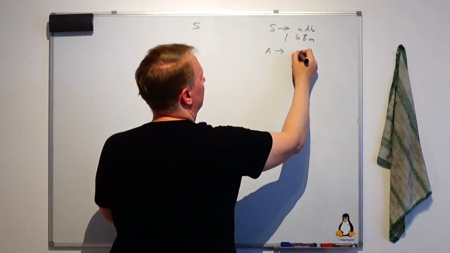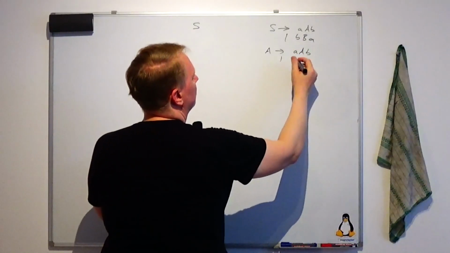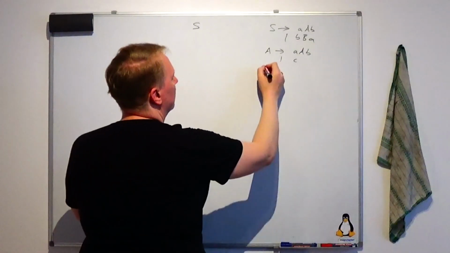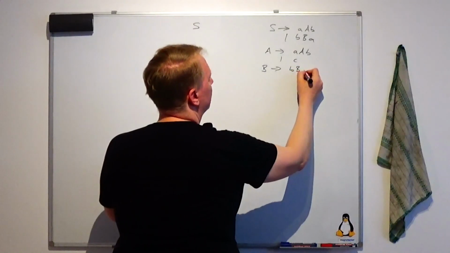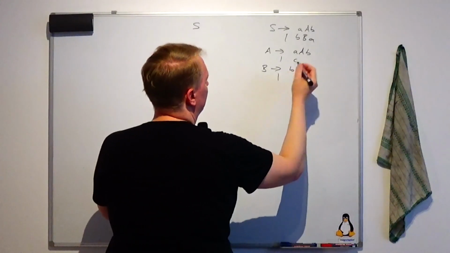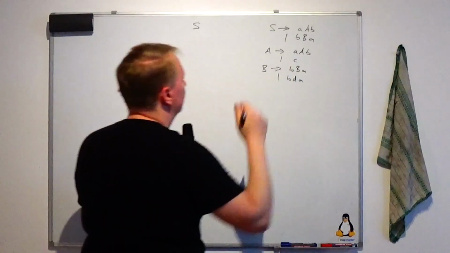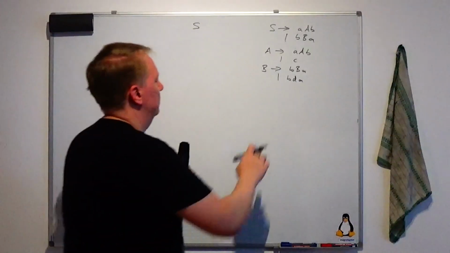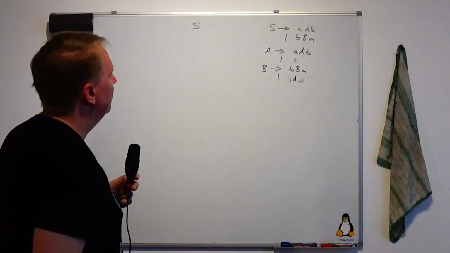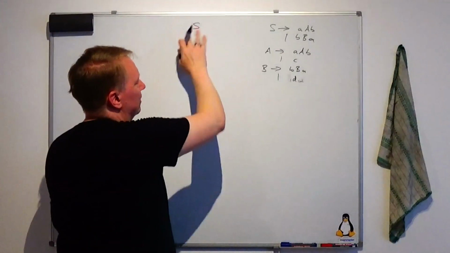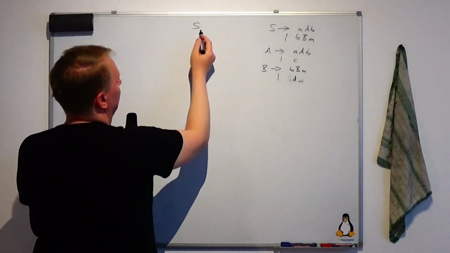A might go to A, B, or C. B to B, A, or I don't know, B, D, A, for example. D is sufficient.